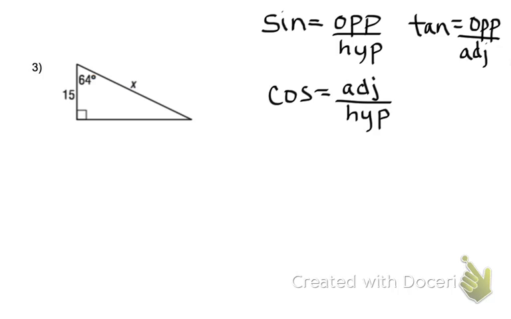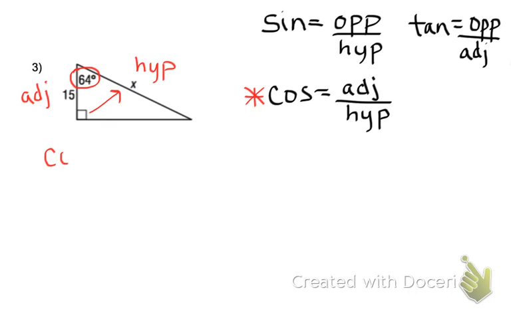So from the angle, which is 64 degrees, I'm going to label my sides. I see that my x is across from the right angle, so that's my hypotenuse. And 15 is right next to the angle, so that's going to be my adjacent side. So the trig function that uses adjacent and hypotenuse is cosine.